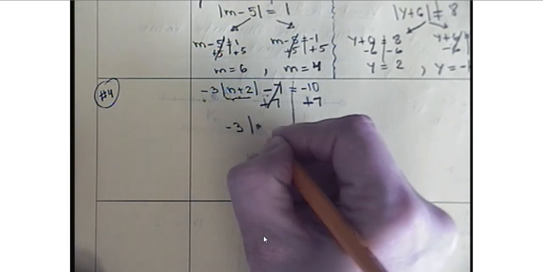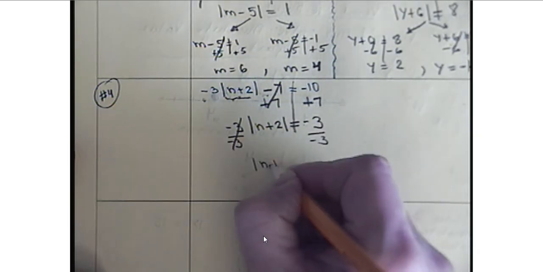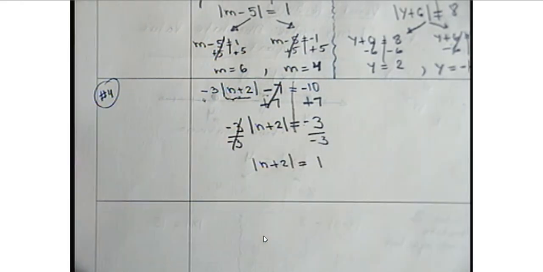Those two cancel. Negative 3 times absolute value of n plus 2 is equal to negative 3. Next step, we will divide by negative 3 on each side. Those two cancel. So absolute value of n plus 2 is equal to positive 1.